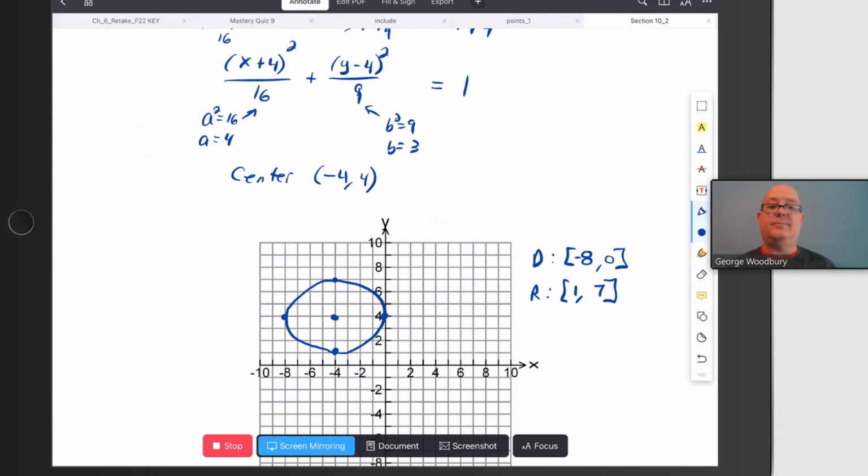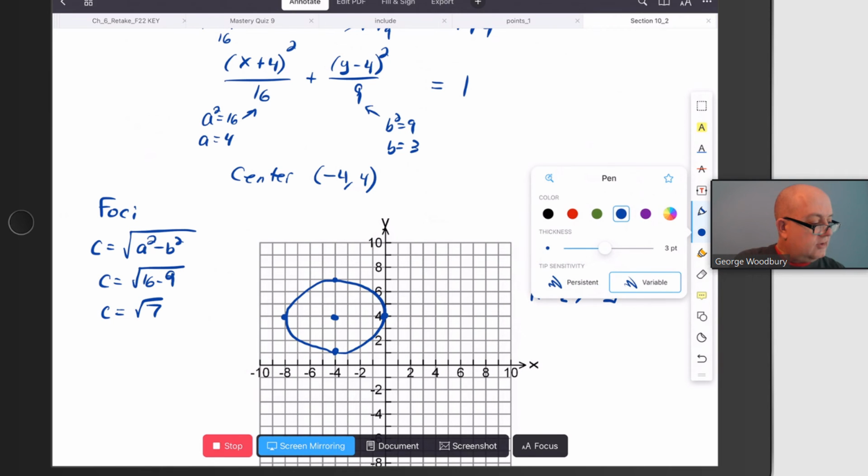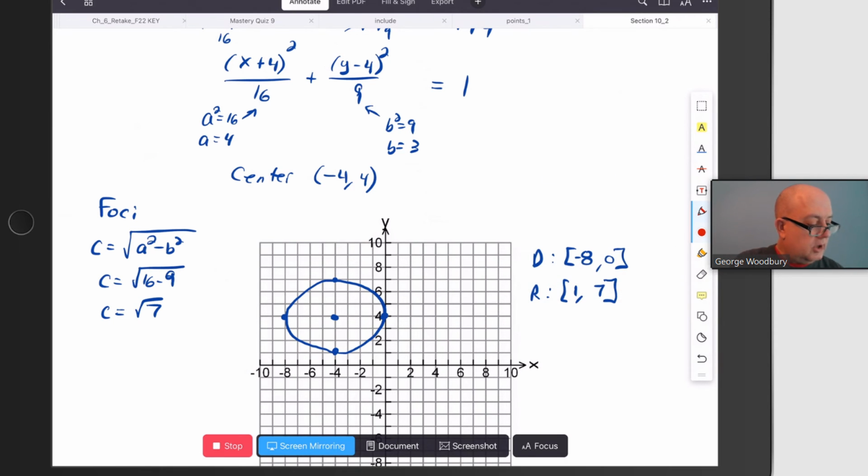Now to find the foci, again, we use c equals the square root of a squared minus b squared. So this time it's going to be the square root of 16 minus 9, or the square root of 7. The major axis is the horizontal one.